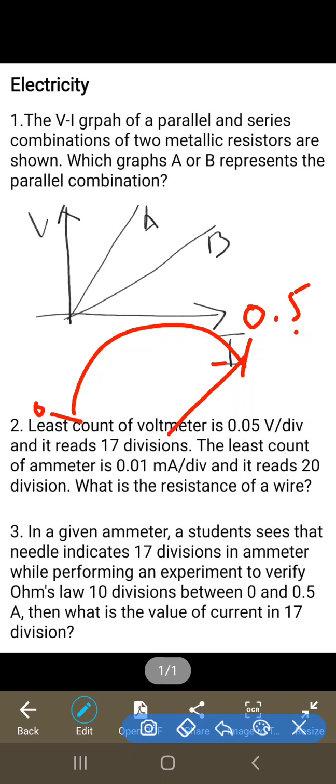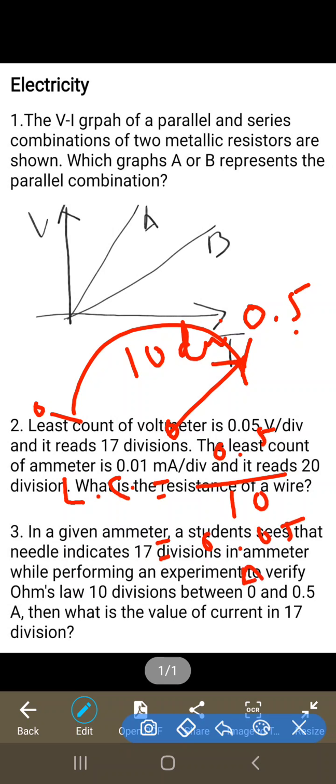This one is the needle indicating for the ammeter, and between 0 and 0.5 there are 10 divisions. So what will be the least count here in this case? Least count LC will be equal to the range 0.5 divided by 10, the number of divisions, that is 0.05 ampere per division.